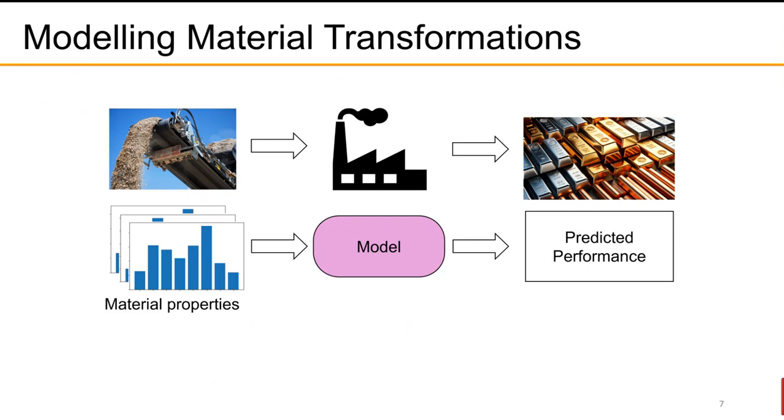So it could be metal recovery or grinding throughputs. And this model could be a regression, it could be a neural network, it could be any sort of function that takes the material properties and gives us a prediction of what we'll get from processing those materials.